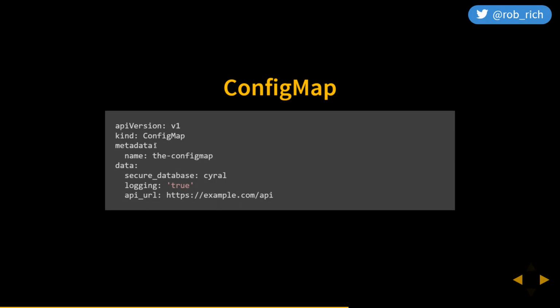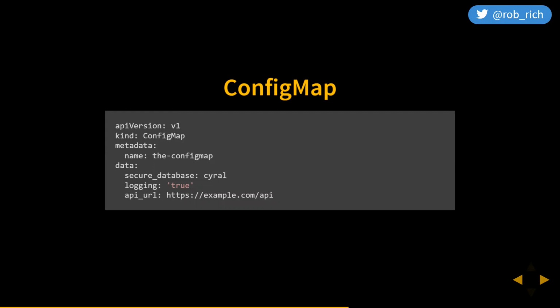So we'll give this config map a name. This is the config map. And then we have the keys and values. So I've got a secure database. I've got logging enabled. I've defined my API URL. And these are just the keys and values inside this config map.